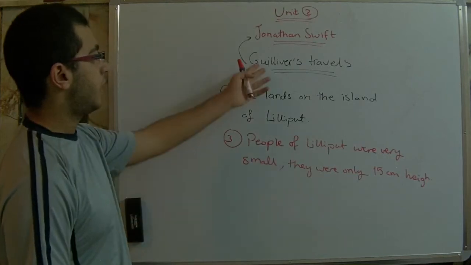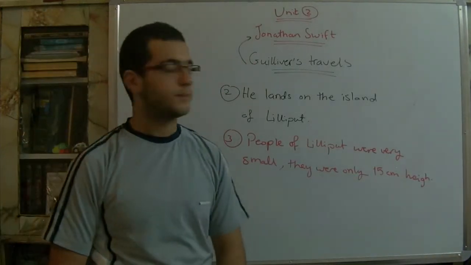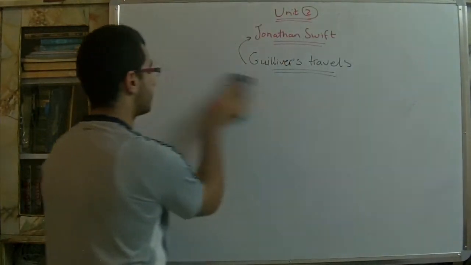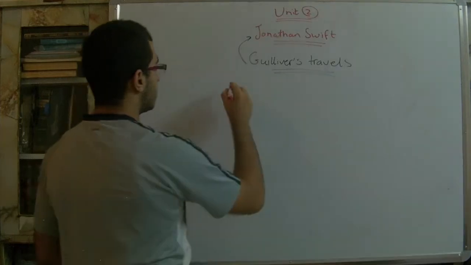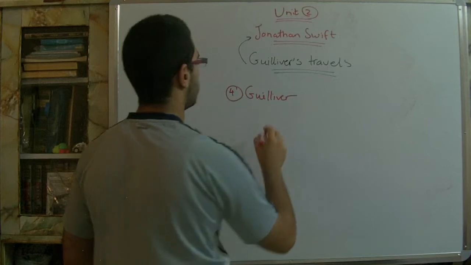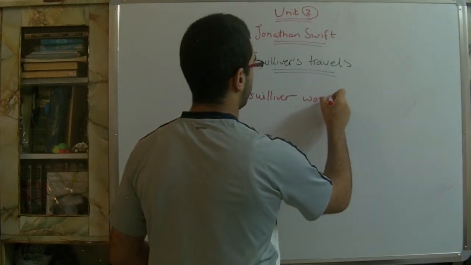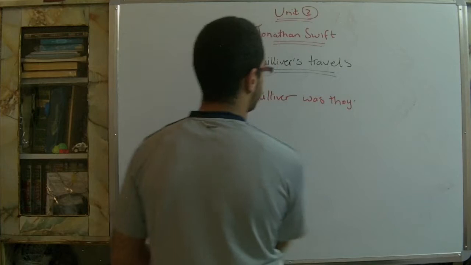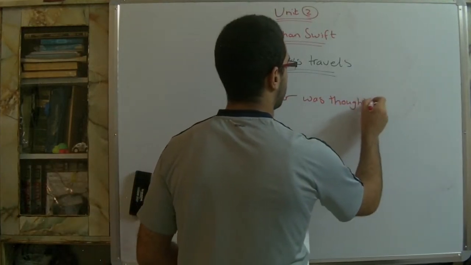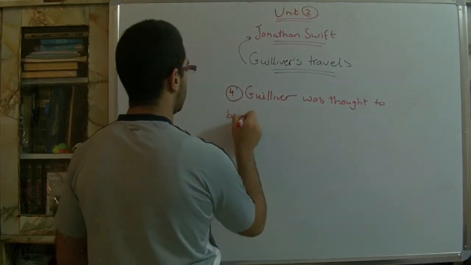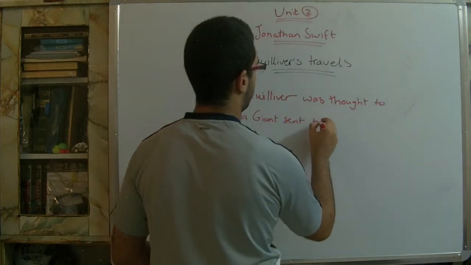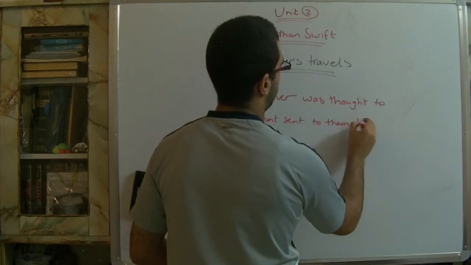So of course they considered Gulliver as a giant, and they supposed that Gulliver was thought to be a giant sent to them by their enemies.